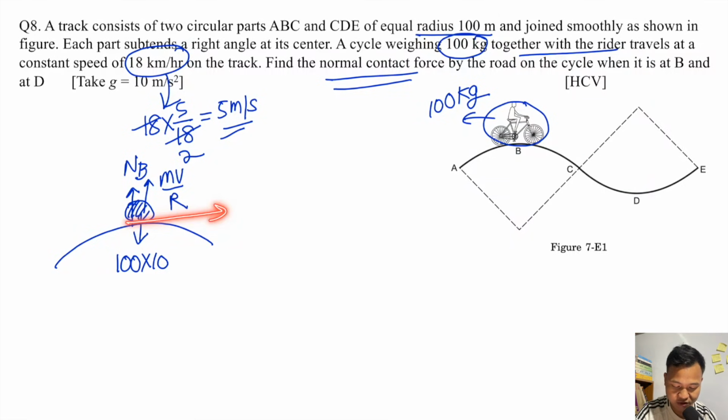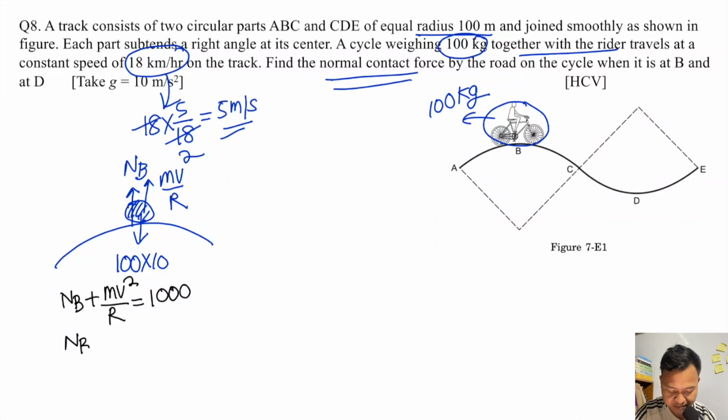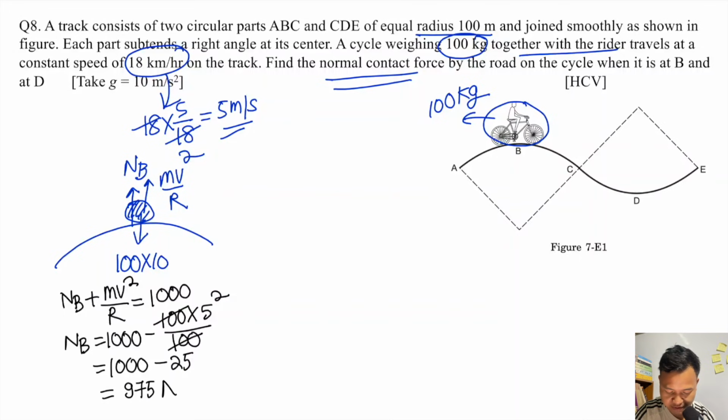Along the y axis net force is 0. So NB plus mv square by r equals weight. NB equals 1000 minus mv square by r, that is 100 into 5 square divided by r, where radius is 100, so 100 cancels out. So 1000 minus 25 is 975 newton, the normal at B.